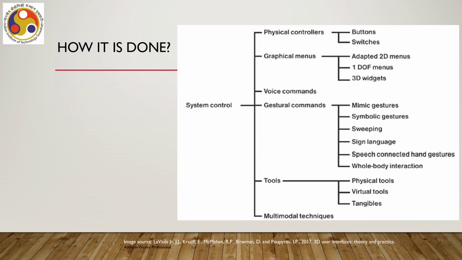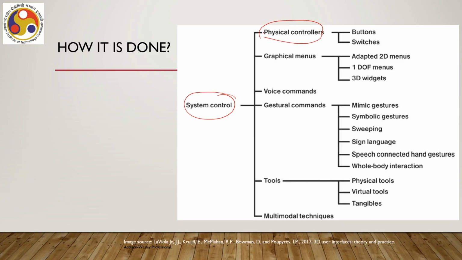Correspondingly, there are several ways to perform those tasks through interactive methods. Different interaction techniques are there for system control. One can be physical controllers such as buttons, switches. Then we have graphical menus: adapted 2D menus suitable for 3D immersive environments, 1 degree of freedom menus, 3D widgets.